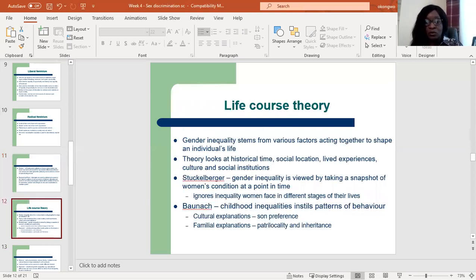We go on to look at life course theory, also known as a life course perspective. These theorists believe that gender inequality stems from various factors acting together to shape a person's life.